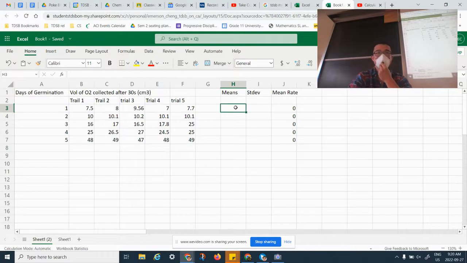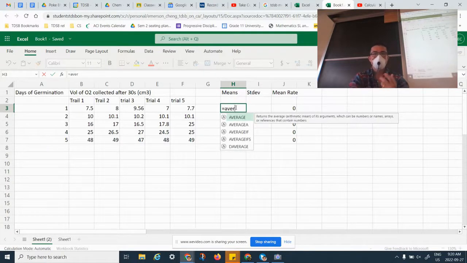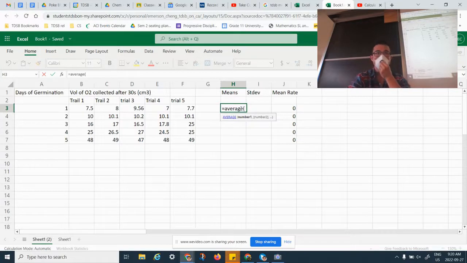If you select the cell, press the equal sign, and then type average, it has a built-in formula for calculating averages. You put in a bracket, and it asks what you want to calculate the average of.